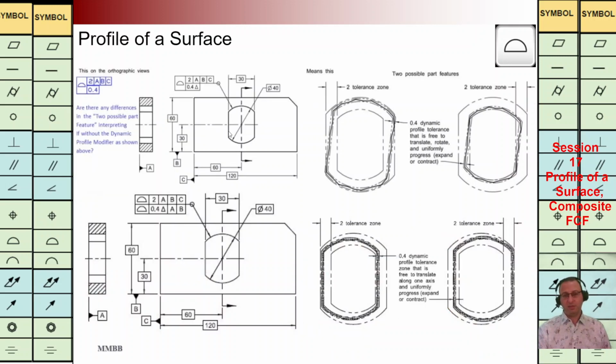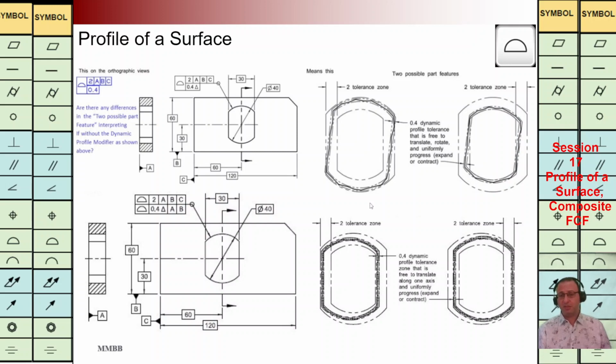Let's see this example. Here it is the same as before, but at the bottom we can see we have tolerance zones 0.4 and 2, but at the bottom when it is 0.4 we have these two reference planes A and B. As we have learned so far, when we have the reference plane for the profile of a surface, somehow we are going to control the orientation of that.